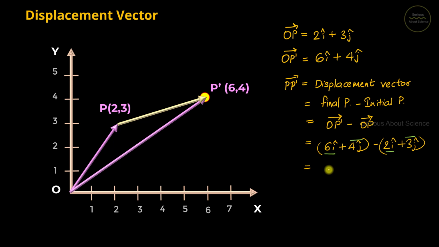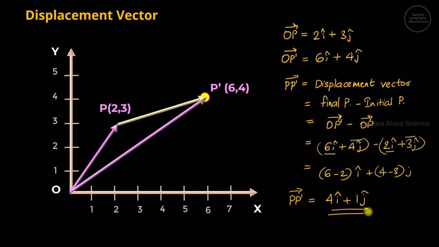Grouping the like terms together, we will get (6 minus 2) times i cap plus (4 minus 3) times j cap, and that is given by vector PP dash is equal to 6 minus 2, it is 4 i cap, plus 4 minus 3, it is 1 j cap.